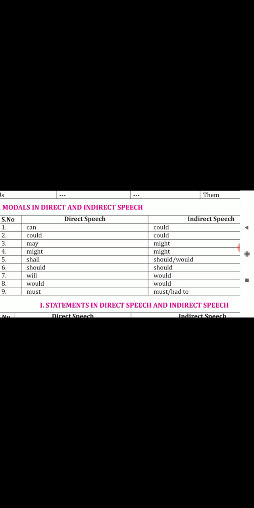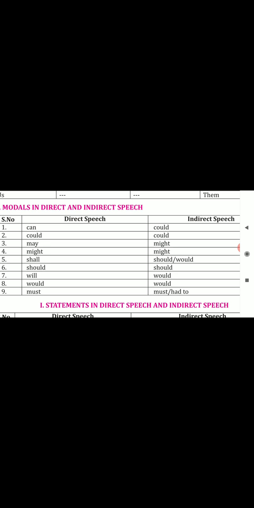And then could, we do not change, we use it as the same. And then may can be changed into might. If it is might in the direct speech, we can use the same might in indirect speech also.